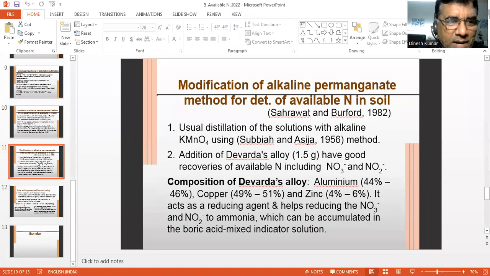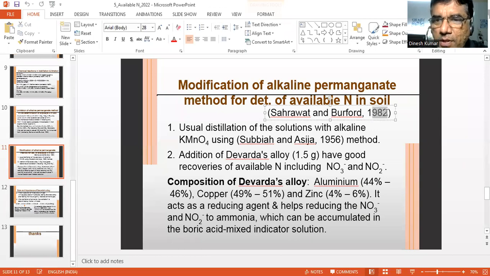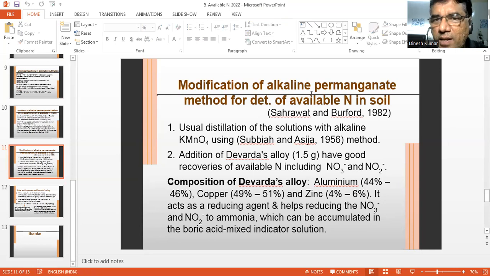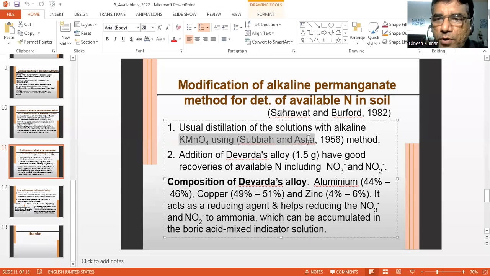Two more slides are left only. Now, what happened then? Sehrawat and Burford, 1982. These two people developed a modification of the alkaline permanganate method for determination of available nitrogen in soil. So, usual distillation of solution with alkaline KMnO4 using Subbiah and Asija method.